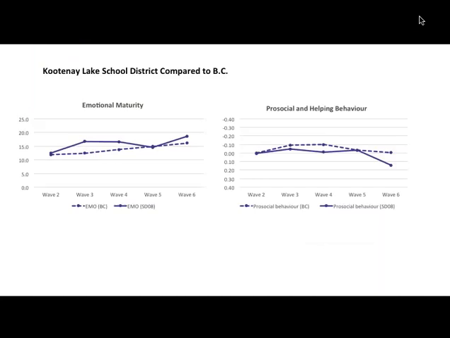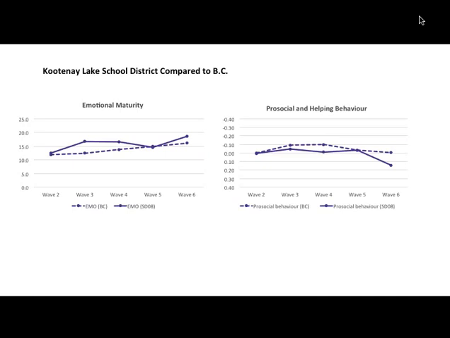This time I'm going to look at Kootenay Lake, which is School District 8, I think in the eastern Kootenays. Again, looking at the overall scale on the left, you see the rising pattern for the province, the dotted line that we saw before. What's happening in Kootenay Lake?